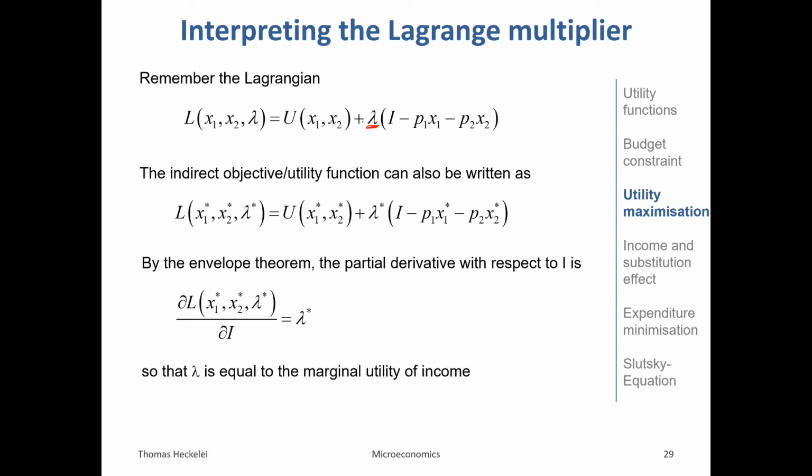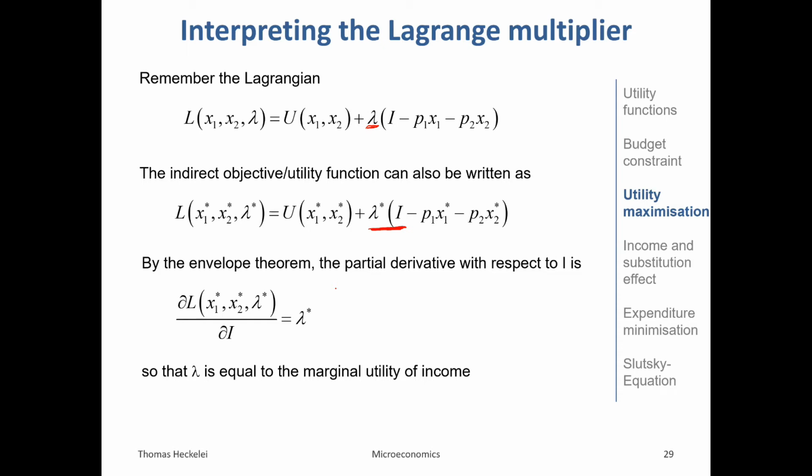Okay, and then by the envelope theorem, we could take the partial derivative of the Lagrange function with respect to income. What would it give us? Here is the only place you have income. And if you take the partial derivative of L with respect to I, you get the lambda, right?